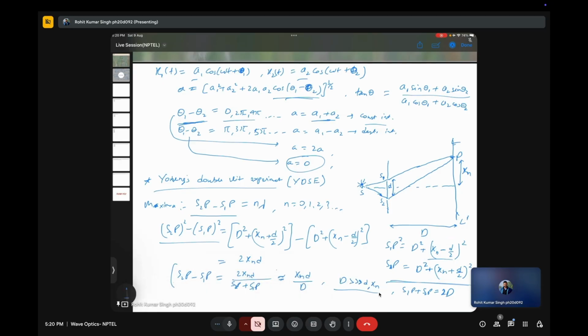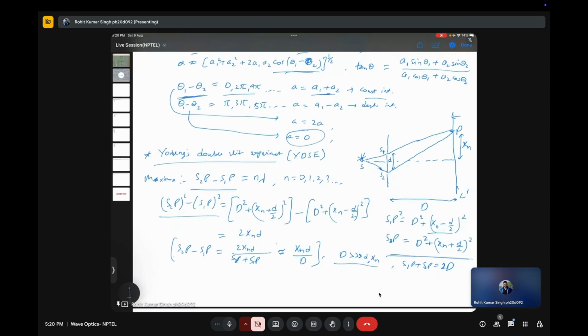So this is what we got for the path length, and then we can write simply, using this formula, xn is equal to n lambda D by d.